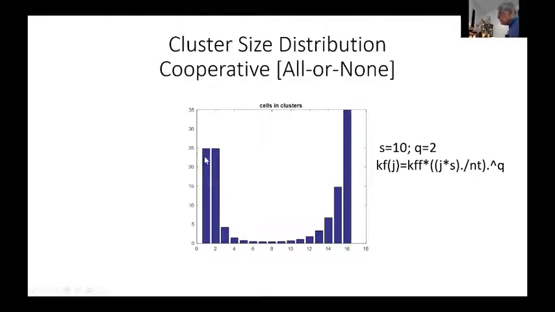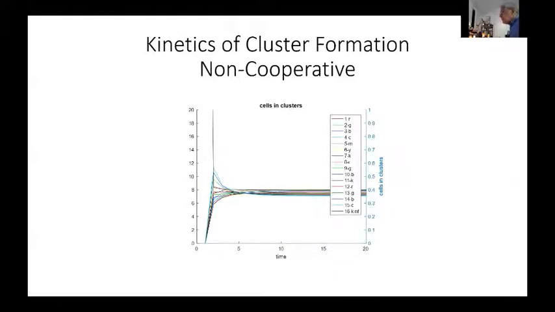This is the normal fibroblast. This is where clusters of only 1 myofibroblast, and then very few of the intermediate clusters, and then finally much larger clusters that have the largest numbers of myofibroblasts. So that's the distribution of cells for an all or none case, in which the rate constants grow rapidly with J.